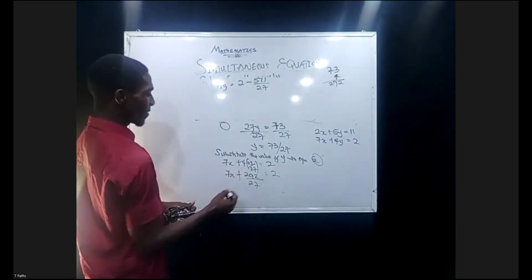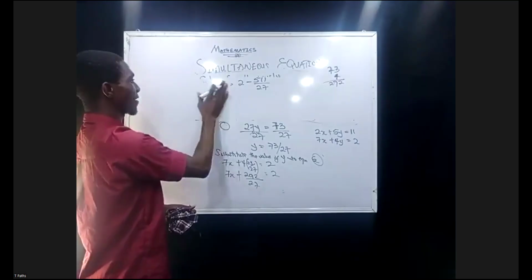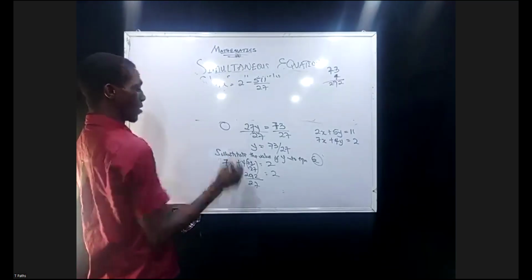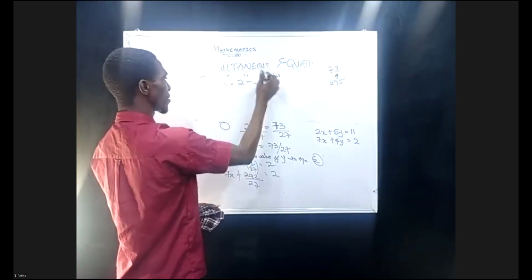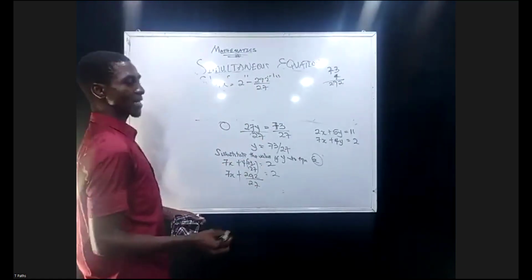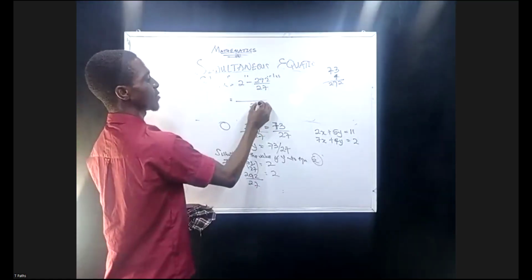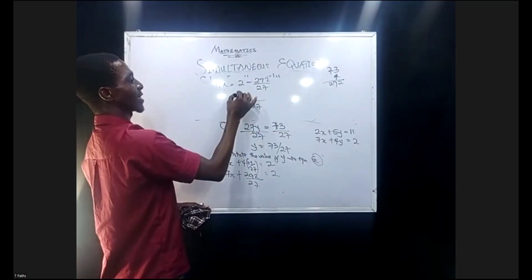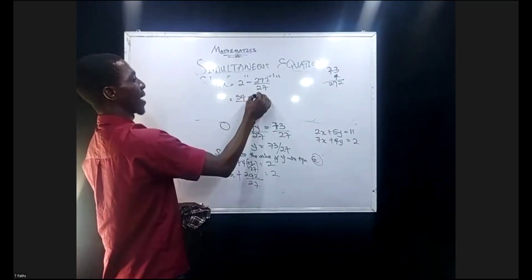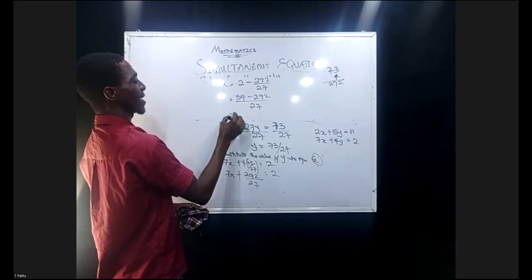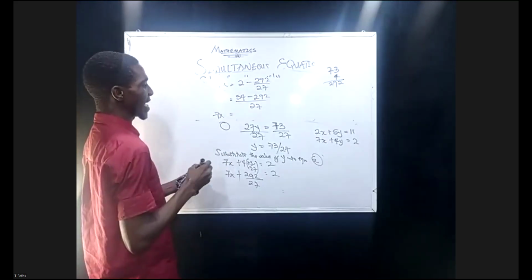Then here we have 7x equals 2 minus 292 over 27. The LCM is 27. 27 times 2 is 54, minus 292. So finally, I have 7x giving a negative value.